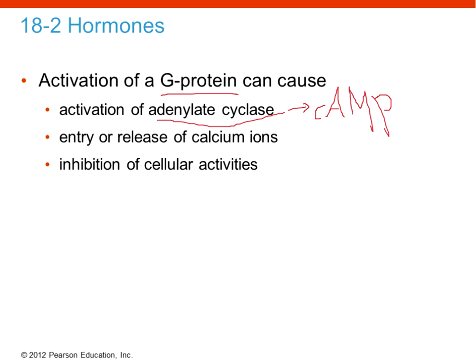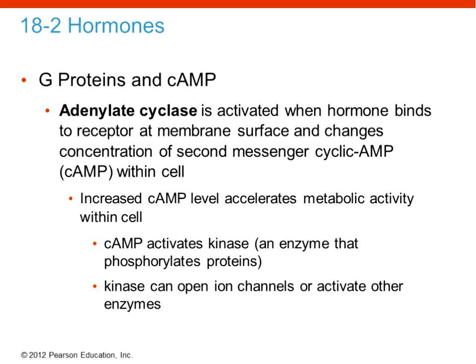So this G protein is important because once it is activated, it can activate what's called adenylate cyclase, which would impact cyclic AMP levels, which we're going to talk about in a minute. Or it can impact the movement of calcium ions, could also inhibit activity of the cell. So once the G protein becomes activated, it's going to cause the secondary messenger to become activated. Okay? And cyclic AMP, as we said, is a really important secondary messenger. If you see increased cyclic AMP levels inside the cell, you're going to see an increase in metabolic activity at that target.